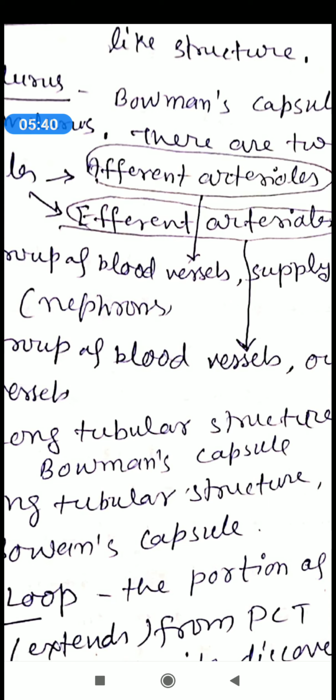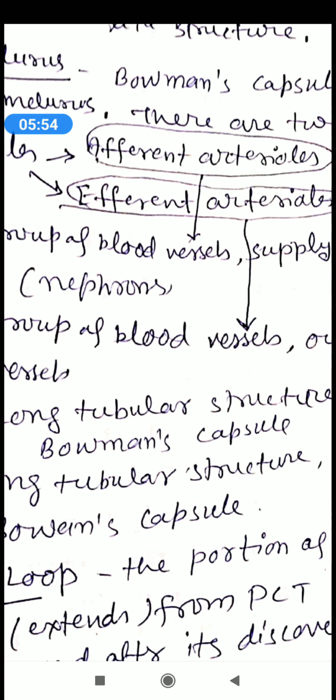Afferent arterioles are a group of blood vessels that supply blood to the nephron, and efferent arterioles are a group of outgoing blood vessels.